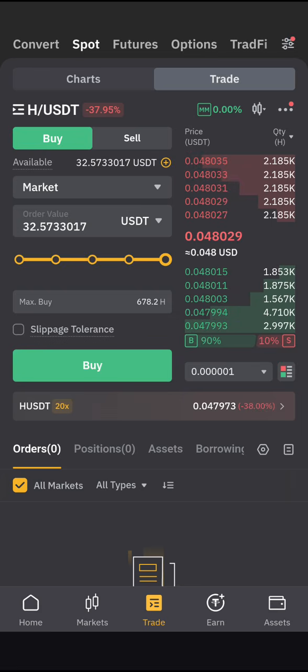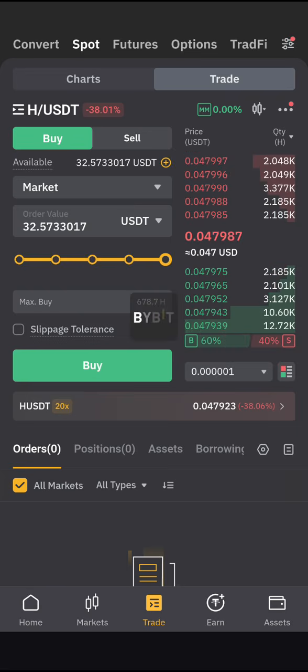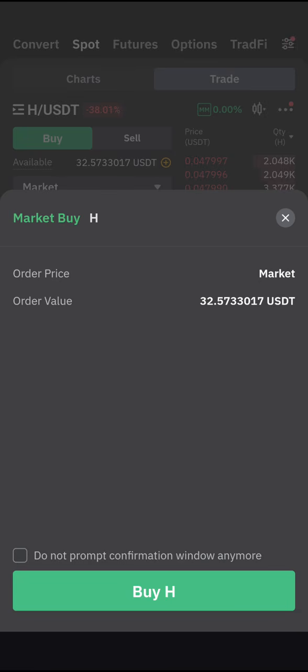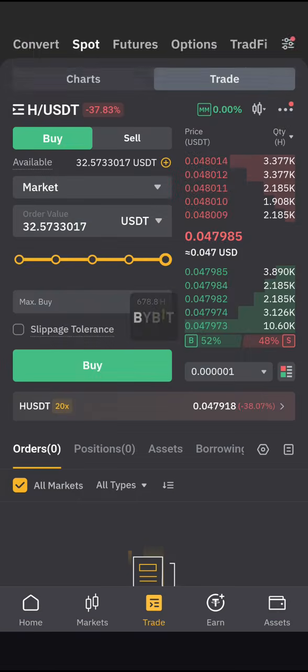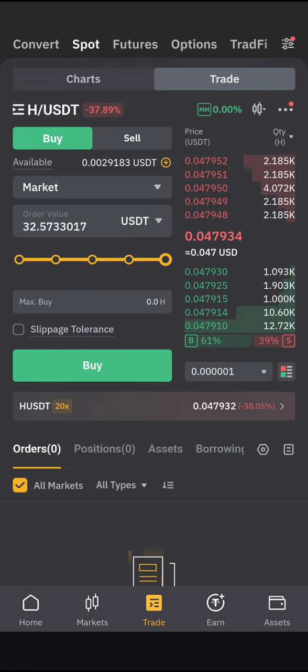All right, so I'm going to click on buy now in order to dive into my trade. So actually my trade is being executed immediately.